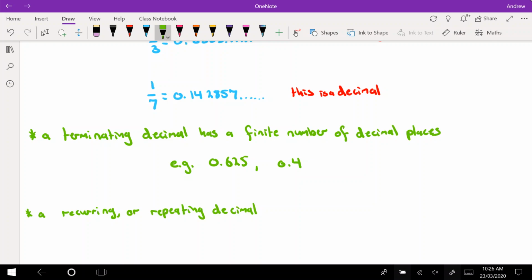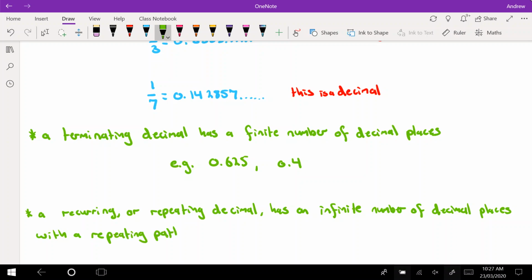So a recurring or repeating decimal has an infinite number of decimal places with a repeating pattern.